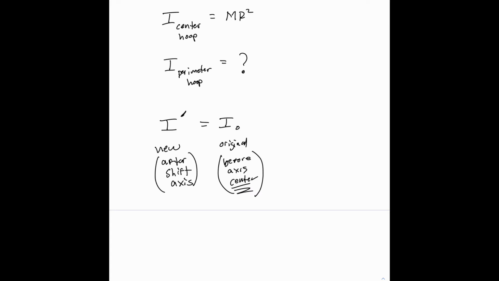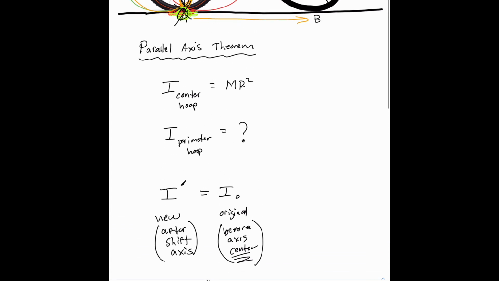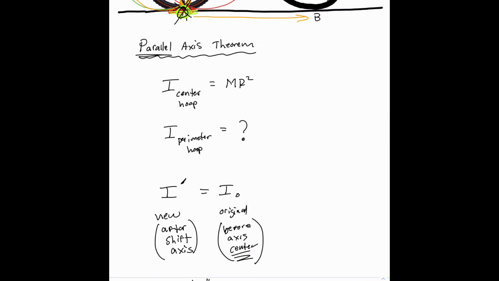Well, if the distance we shifted the axis is d, and provided that that shift doesn't rotate the axis, it maintains an axis in the same orientation.